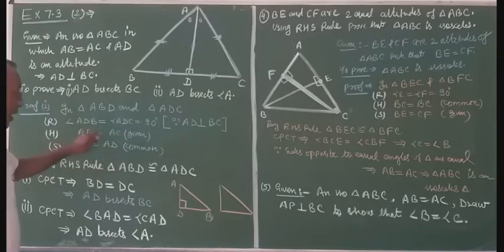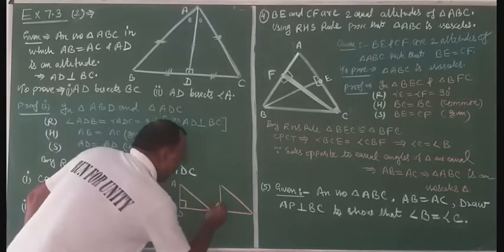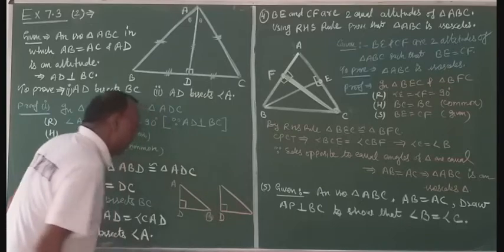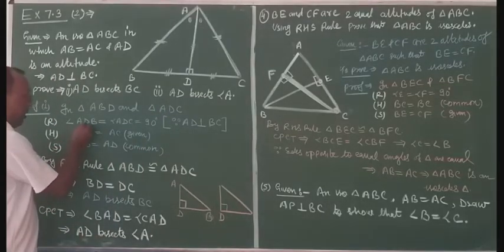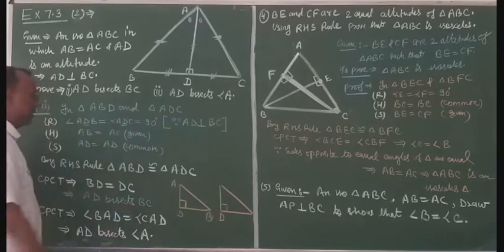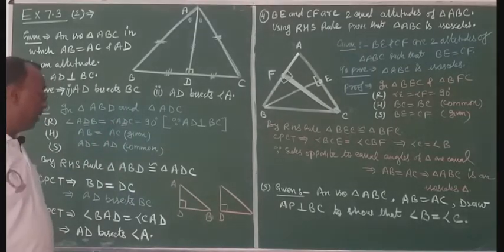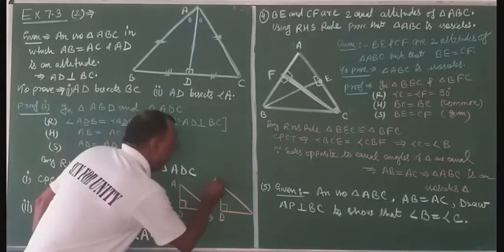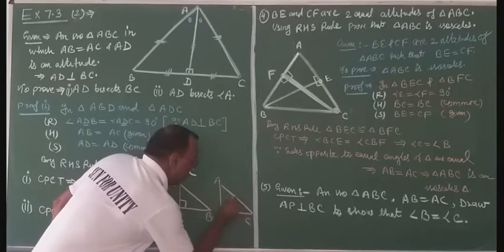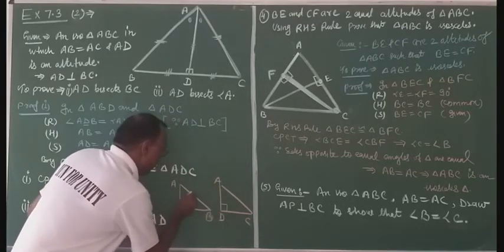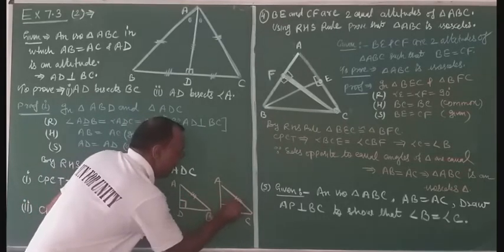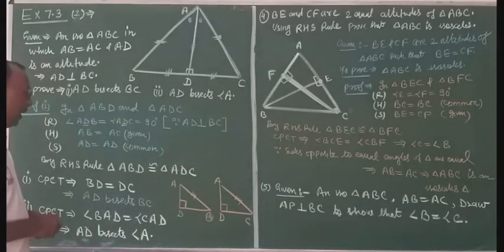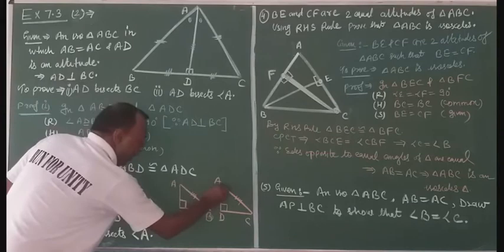If this is angle ADB, the same angle will be here. Angle D in between should be 90. Next thing, AB is equal to AC. If AB is here, then AC should be here. And the next thing, AD was common. AD and AD are in the same place.